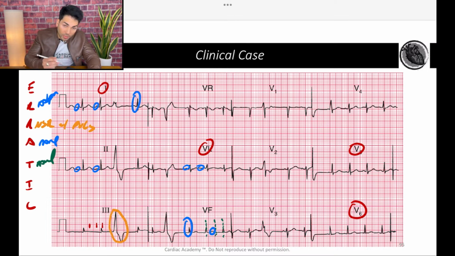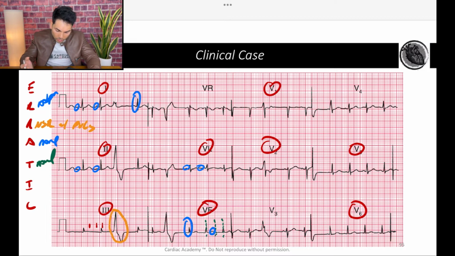Then we look at the inferior wall, leads 2, 3, and AVF, and the same applies; there's nothing to suggest ischemic changes. Then we go to the septal leads, V1 and V2, and there's nothing there either. And finally, we go to the anterior leads, V3 and V4.